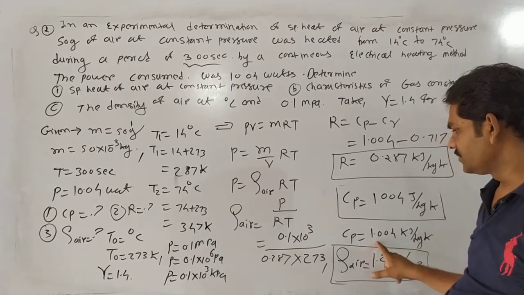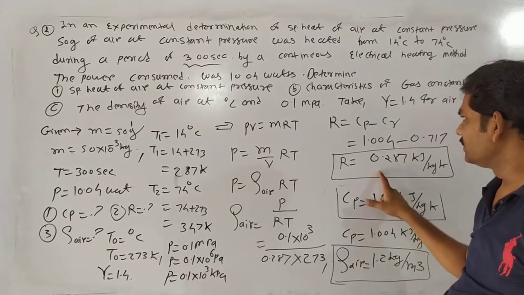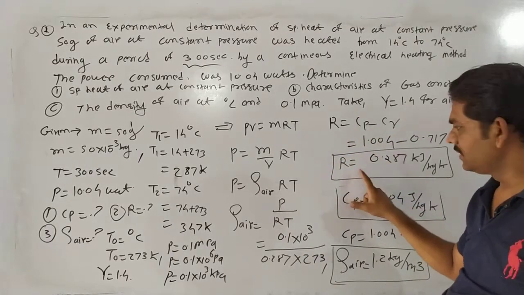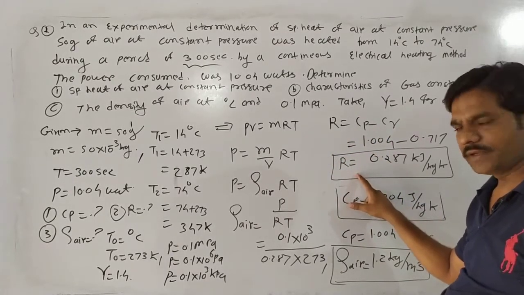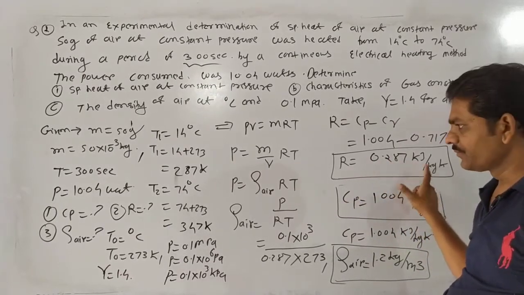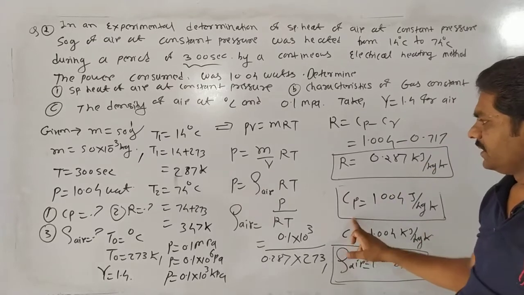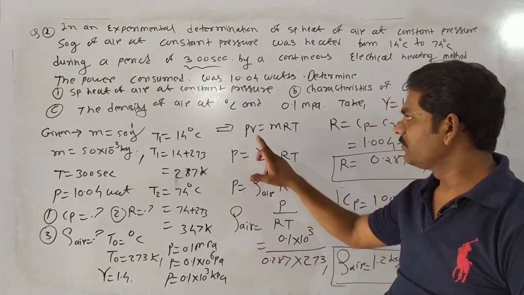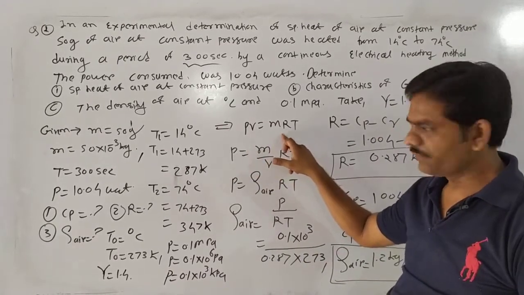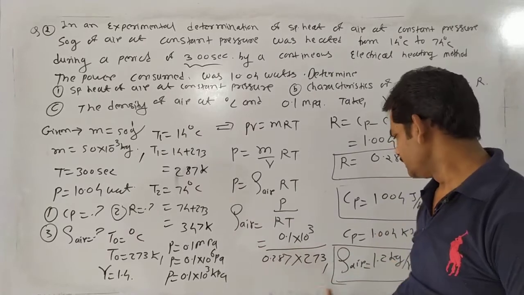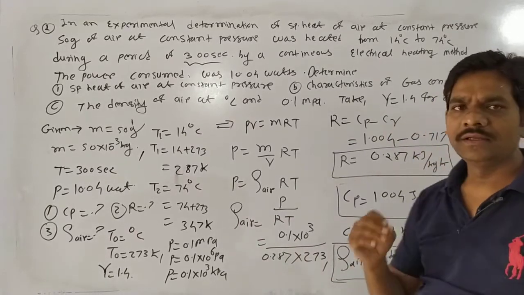Then the second parameter we require is R. So with the help of R equals Cp minus Cv, we calculate the value of R. This is the gas constant of air, 0.287 kilojoule per kg Kelvin. Then finally we require the density of air. What did we calculate? By using the ideal gas equation, PV is equal to mRT, we get the density of air. It is 1.2 kg per meter cube.